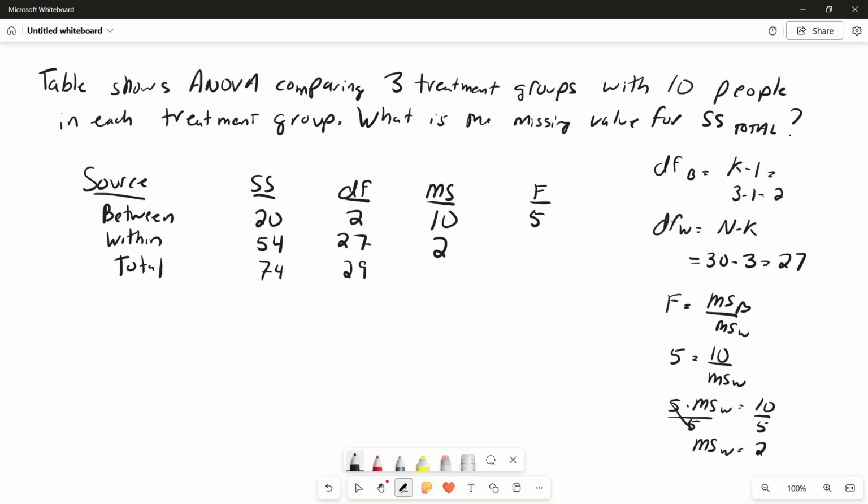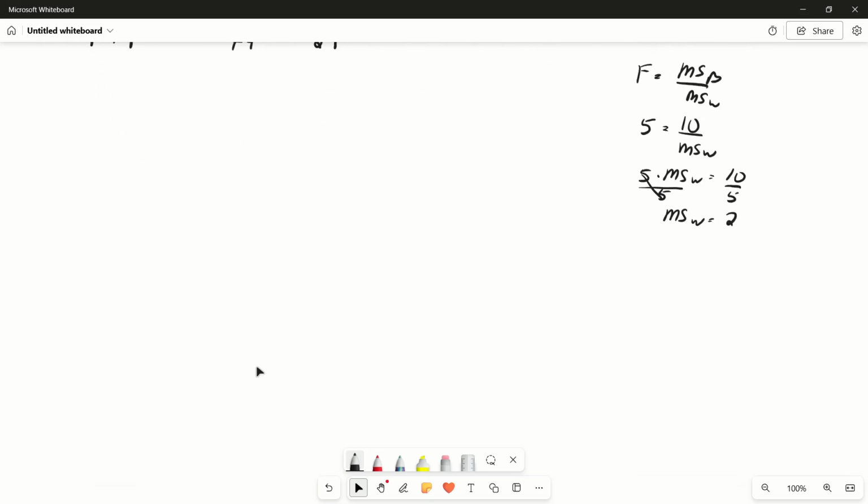Now we're going to try this again with a different summary table, another example.